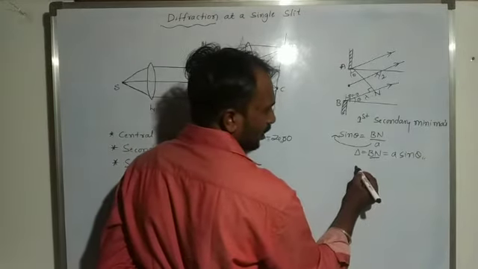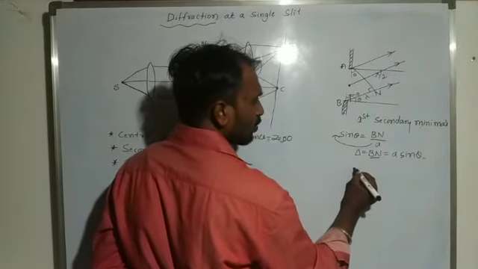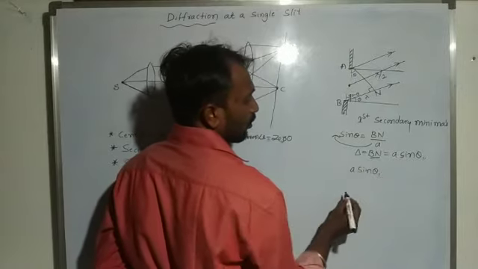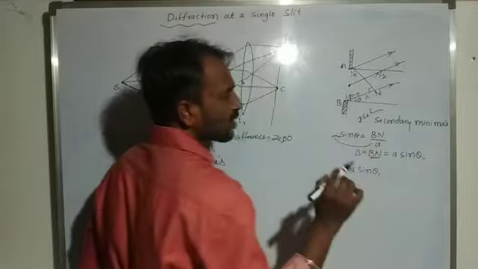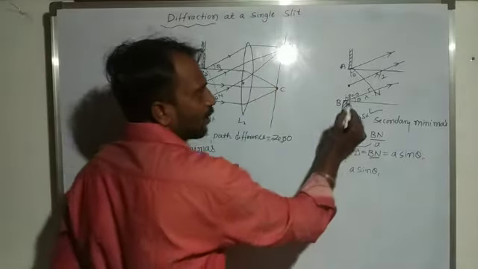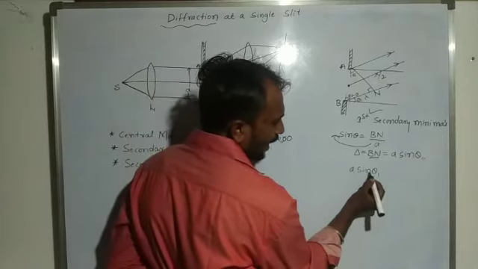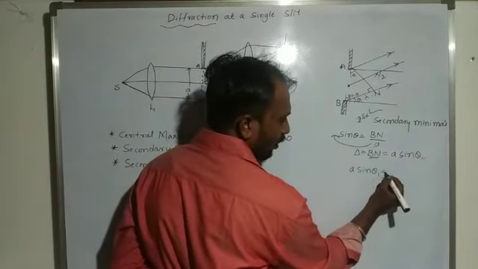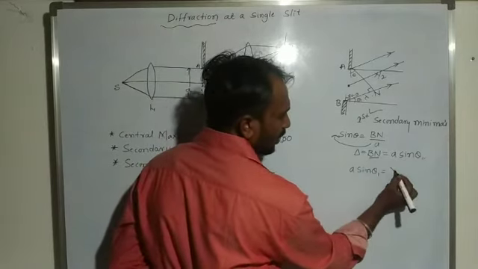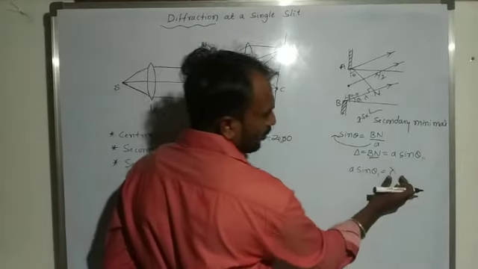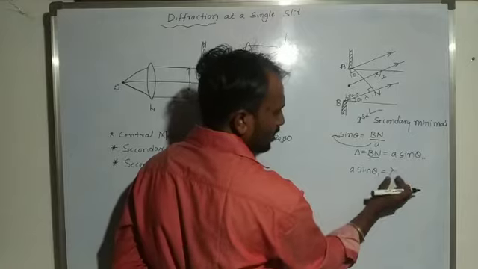So here we write the path difference as A sine theta 1, because we want to find the first secondary minima, so this angle is theta 1. A sine theta 1 is equal to BN, which is lambda. So here the path difference is lambda.